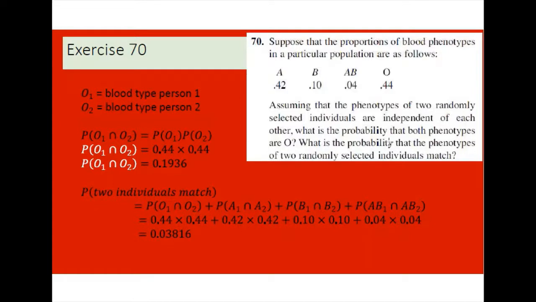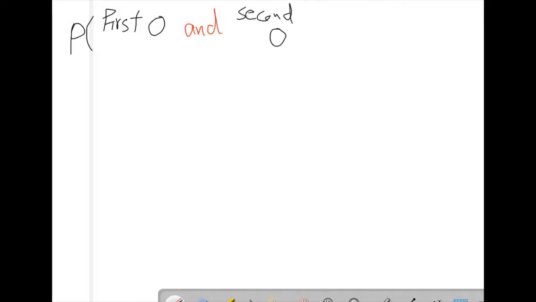So we have two randomly selected individuals, and we want to calculate the probability that both of them are O. It means the first one is O and the second one is O. I can show these events with O1 intersection O2.